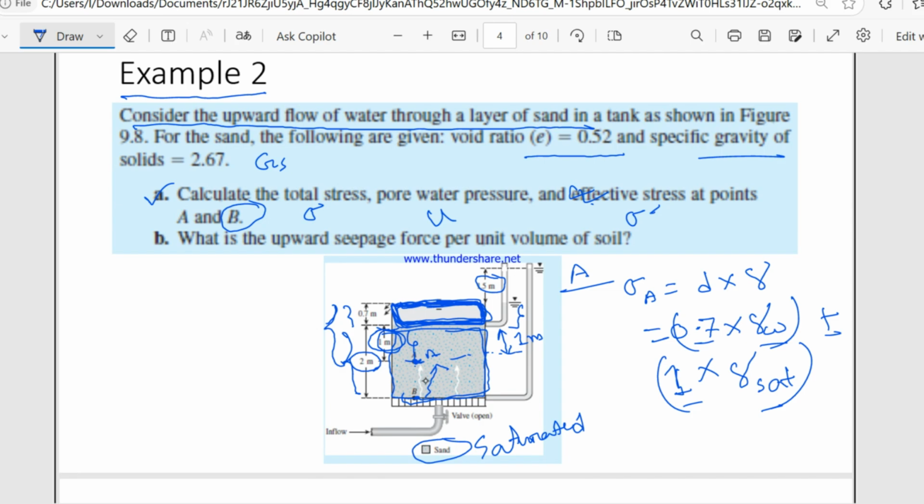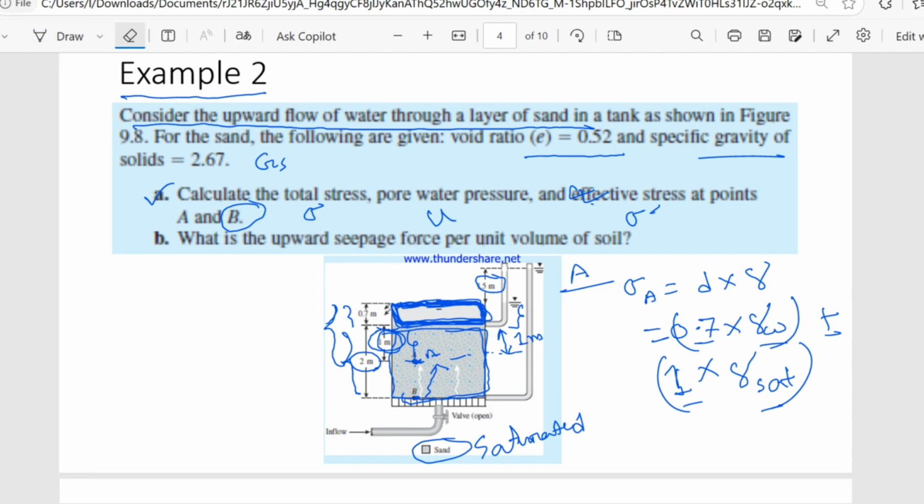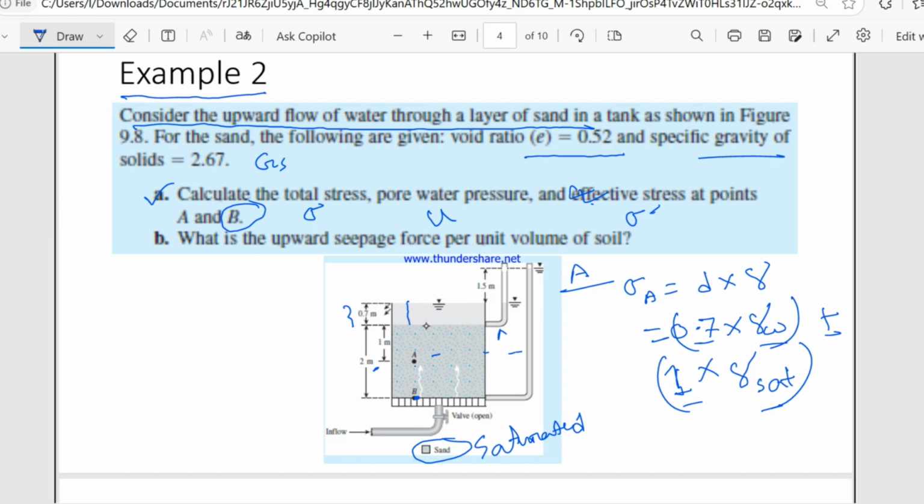For point B, the total distance is 0.7 and 2. For 0.7 this is only the water zone, and for 2 meter this zone is the saturated sand zone.